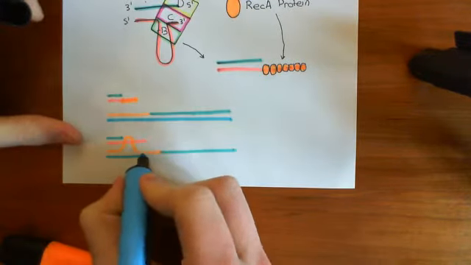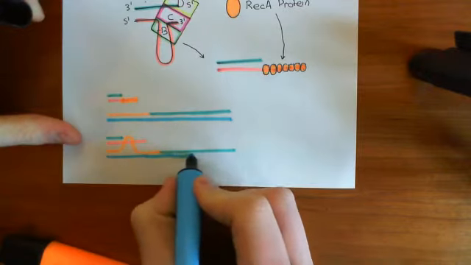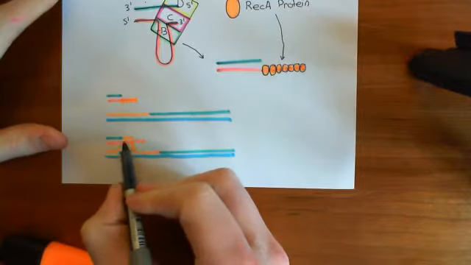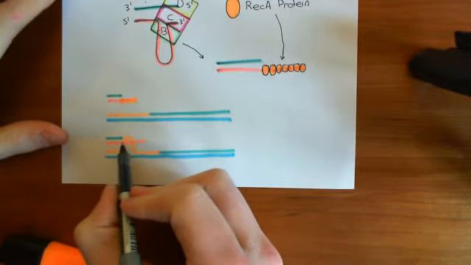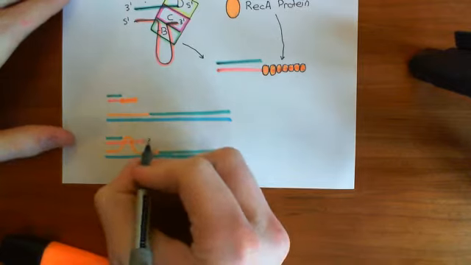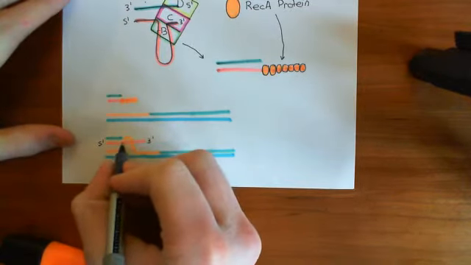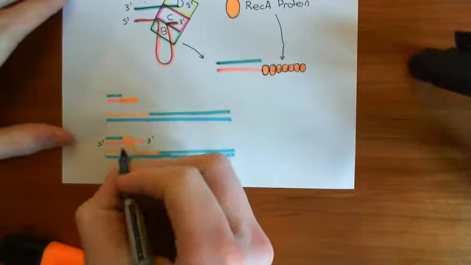And notice the side of the 3' extension that we are working with at the moment. We've attached this orange strand firstly to the portion at the 5' end of the red strand here. So remember, this is the 3' end, this is the 5' end. So we've attached the orange strand to the 5' end of the 3' extension.